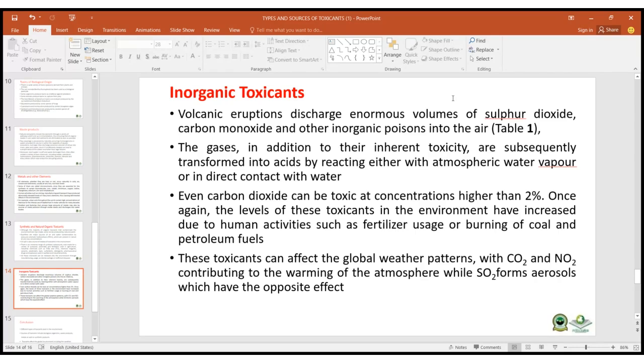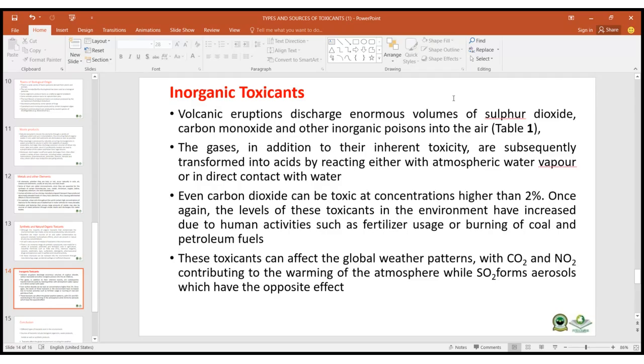Most of them occur as gases. Apart from the fact that they are toxic, they are also transformed into acids when they come in contact with rain. When these gases come in contact with rain, they form acids. And that's why at times you have what is called acid rain. It's just a combination of poisonous gases and then the rain that is falling.